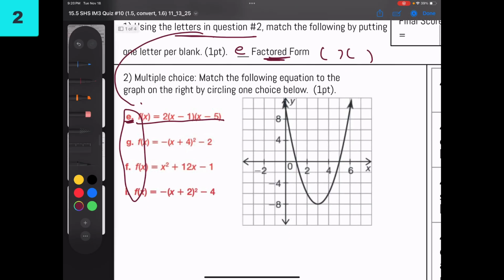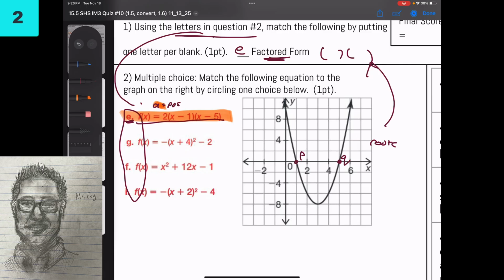Number 2, match the following equation to the graph on the right by circling one of the choices below. Alright, so I notice these are my P's and Q's, those are my roots, which actually matches factored form. So that would be choice E is your answer. That matches the graph. You'll know that because A is positive, which means that it opens up.